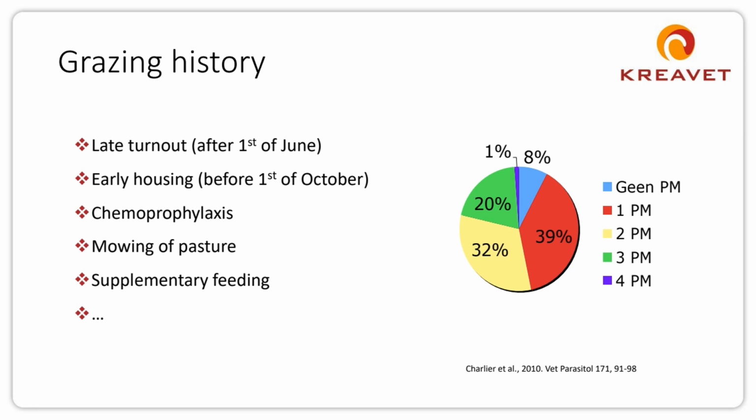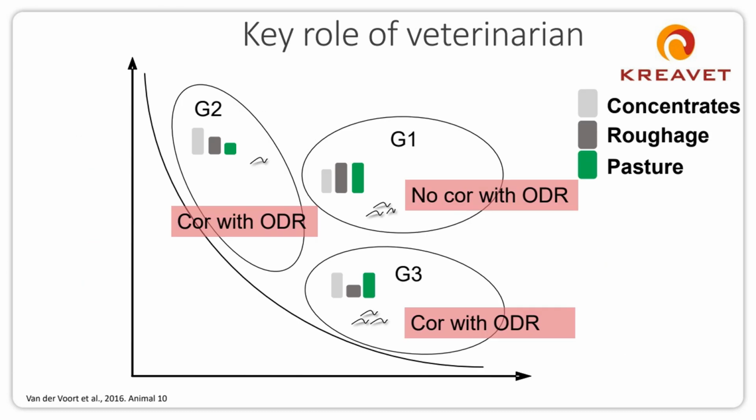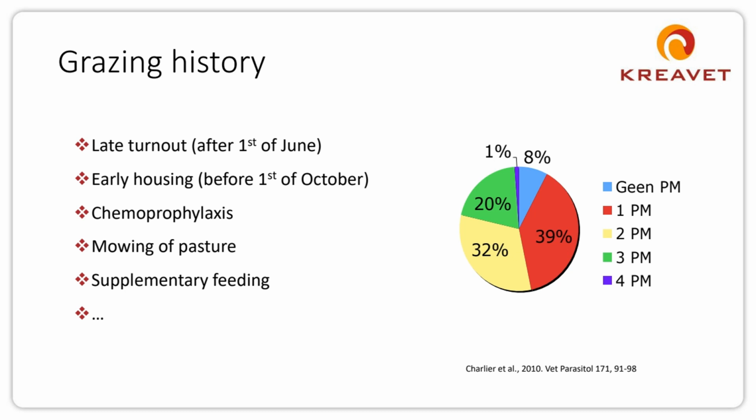So here as an example, and I'm going to quickly look at the next slide to see what is there. Yeah, just as an example, here was another study for the interpretation, for instance, of the diagnostic test, why grazing history is so important.